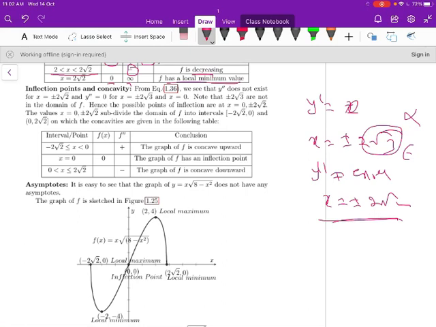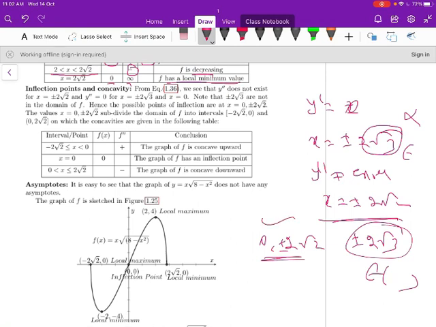And one more point, x equal to 0. So these are 0, plus or minus 2 root 2 and plus or minus 2 root 3. Anyway, 2 root 3 does not belong to the domain of the function f, so just neglect it and only consider the points of inflection at x equal to 0 and plus or minus 2 root 2.